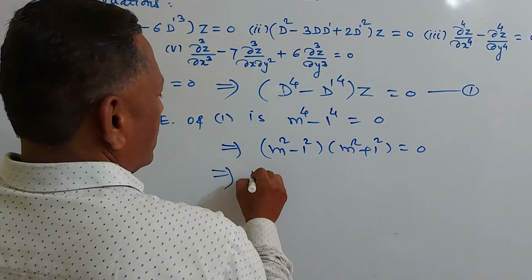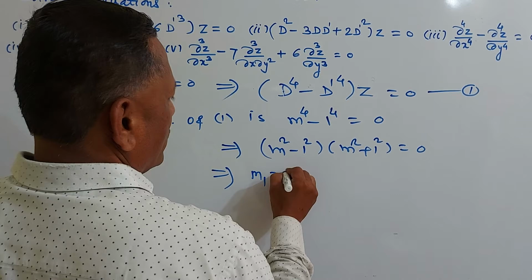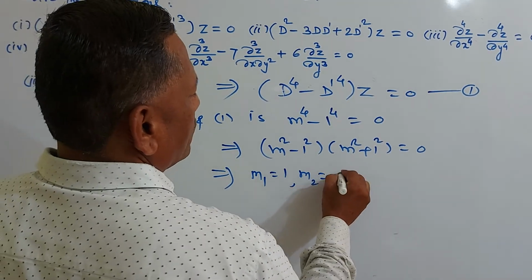So this implies m1 is equal to 1, m2 is equal to minus 1.